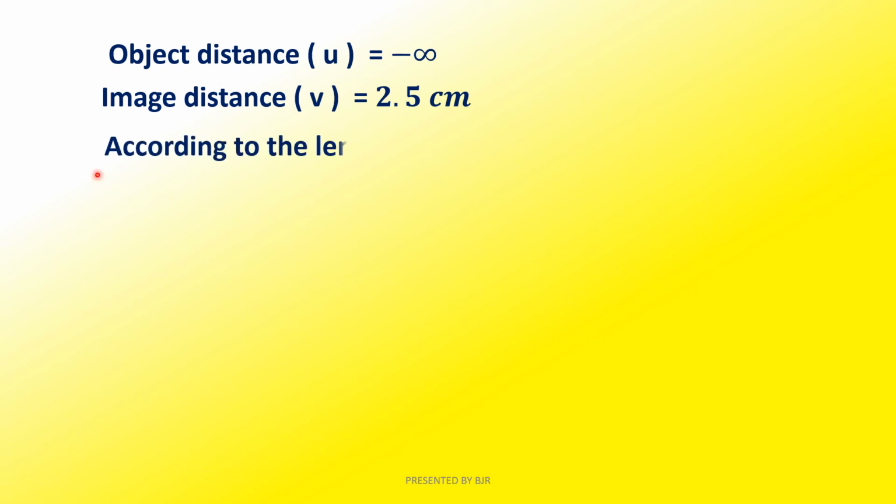According to the lens formula, 1 by f equal to 1 by v minus 1 by u. In this, f is the focal length, v is the image distance and u is the object distance. Let us substitute u and v in this formula.